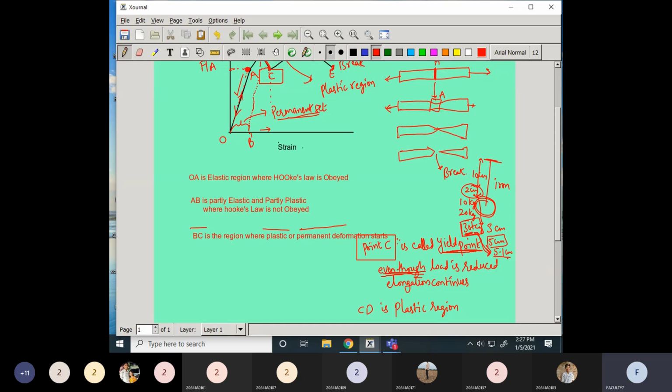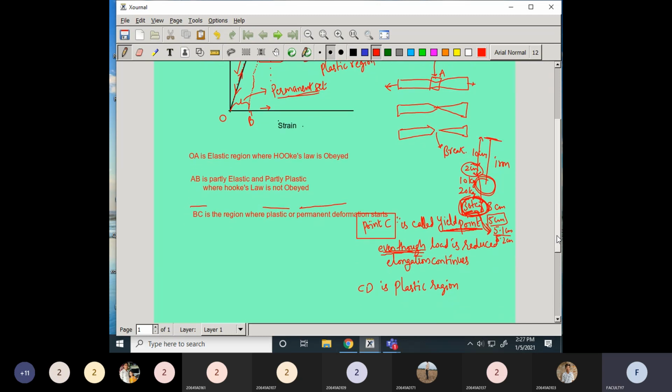You may reach 5.1 centimeters, and if it continues, 5.2 centimeters. I'm not increasing the weight, so I stop here. That point is considered as the yield point.